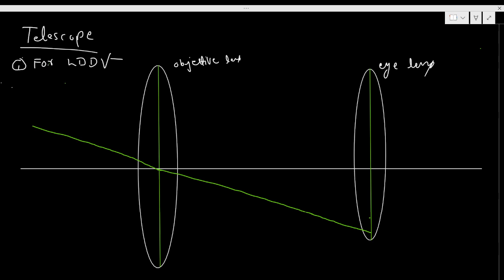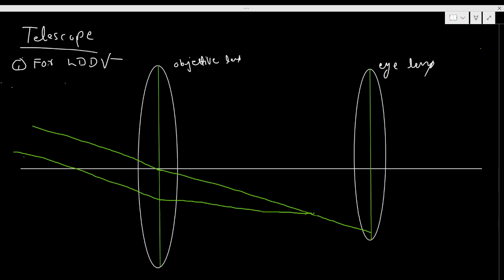Keep this thing in mind. And now we are drawing more rays. This is another ray that is coming from the infinity, and it will go like this because it is a converging lens. So it will converge the light ray.